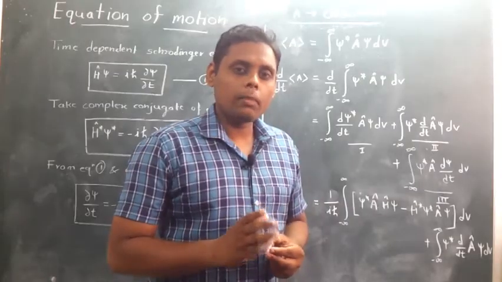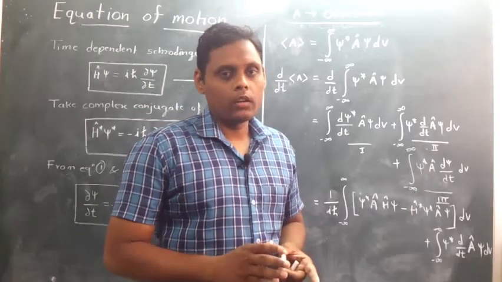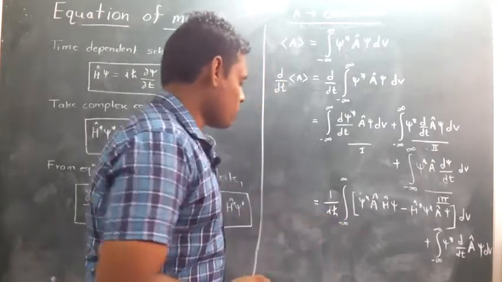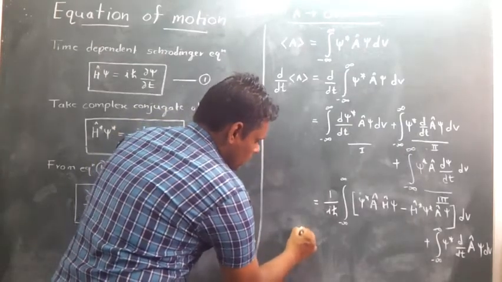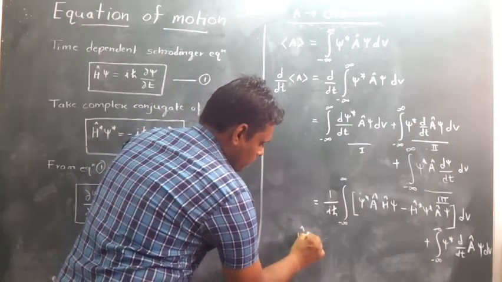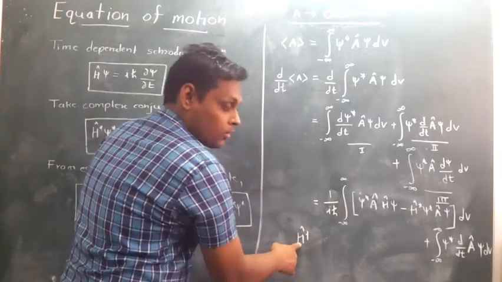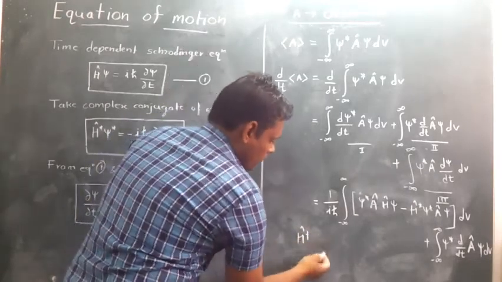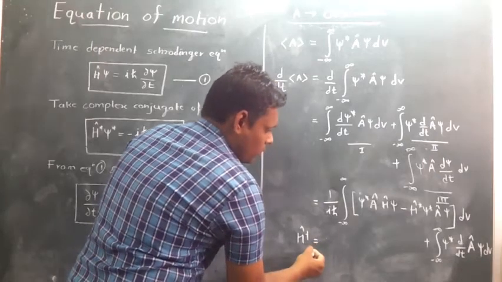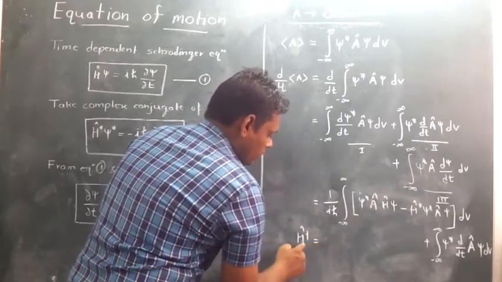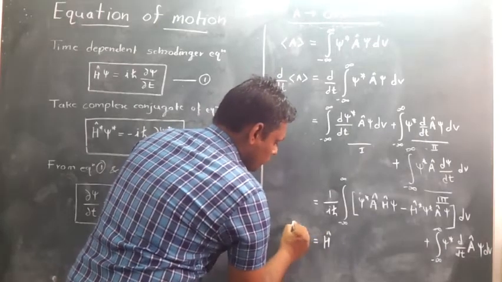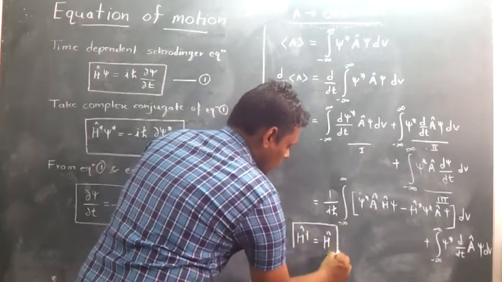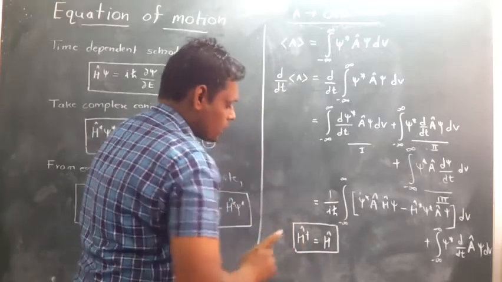So I am going to apply the Hermitian property here. What is the Hermitian property? If we take the dagger of the operator H, we get back the same operator H cap. This is the Hermitian property.